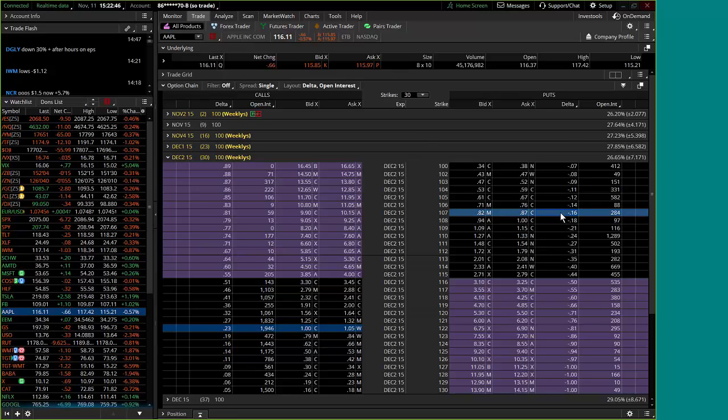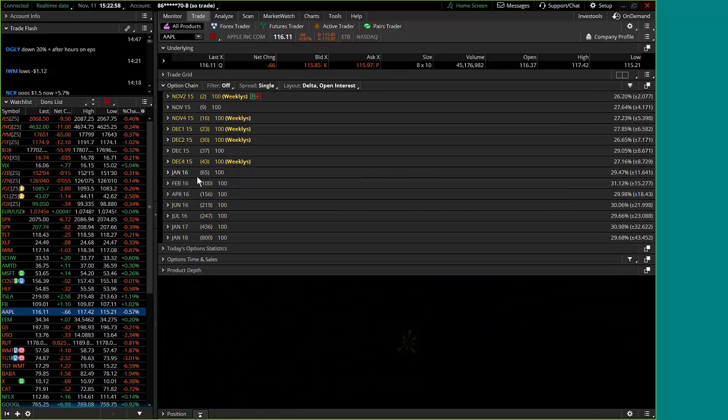That's a lot of what I've been doing. So I'm selling puts against a short stock position. Make that clear, because I am physically short the stock. And if you don't want a short stock, you've got to use a synthetic. You've got to go in the money, buy some in the money puts, something along those lines.